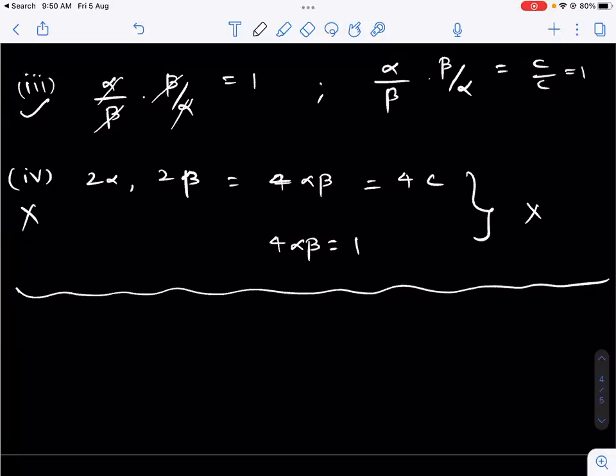What about the 8th one? If the equation x square plus 4x minus k is equal to 0 has real and distinct roots.